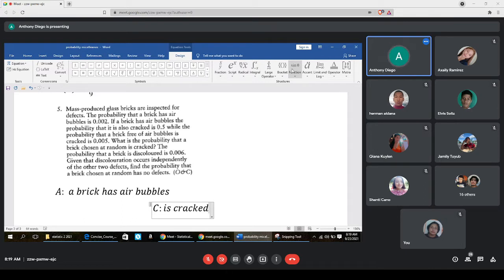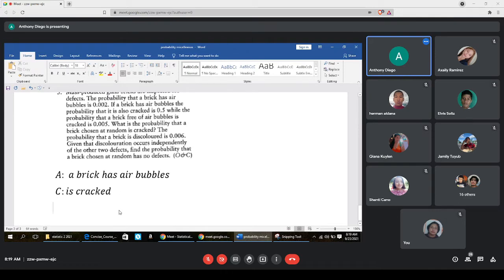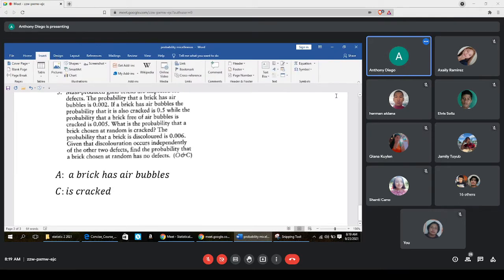And then we can use D for discoloration, or a brick is discolored.